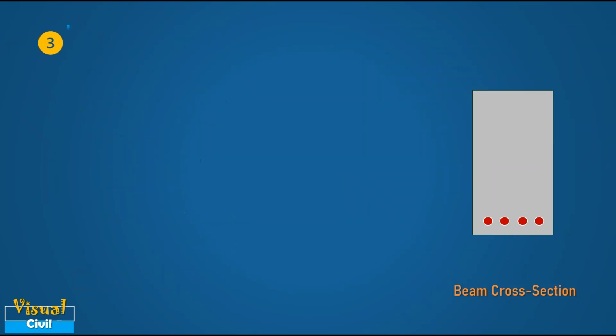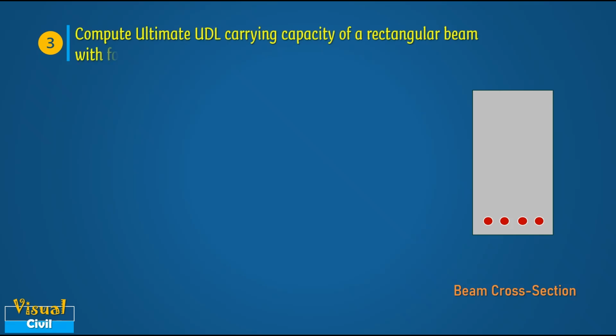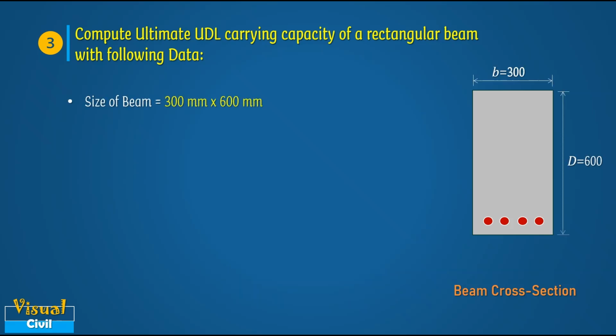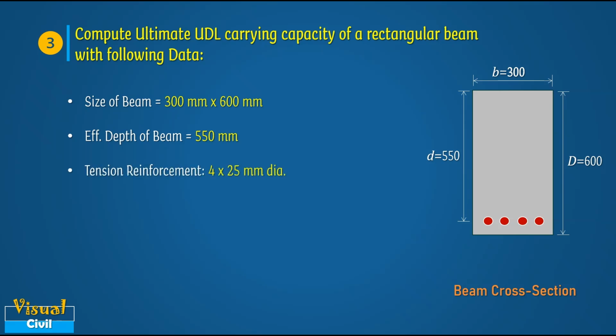Now, let us move on to our third illustrative example for the computation of load carrying capacity of the beam. Here are the given parameters. The overall size of beam is 300 mm by 600 mm. Its effective depth is 550 mm. The tension reinforcement provided consists of 4 bars of 25 mm diameter.